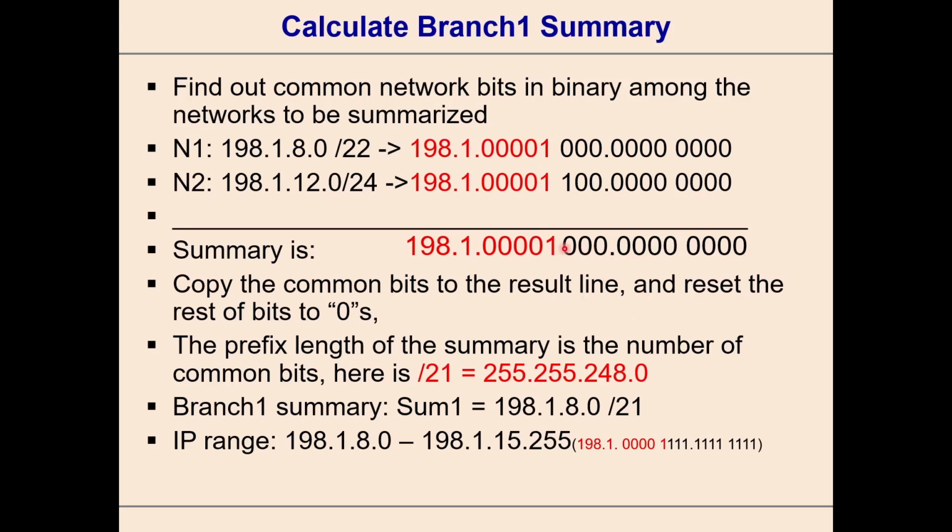Then going up when all the host bits take the highest value, all 1s, that is 1111 in the third octet, that is 15. Then all 1s in the last octet, that is 255. That's how you figure out the IP range for a summary network.